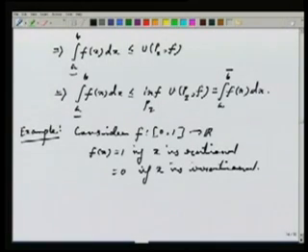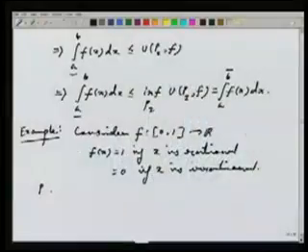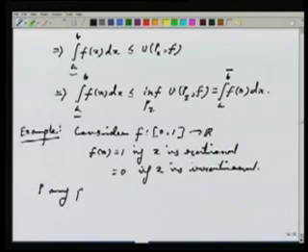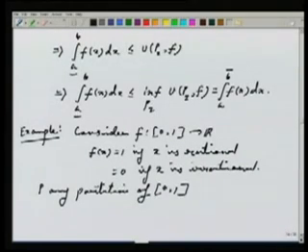It is very easy to see that this function is not Riemann integrable, simply because of the following: take any partition P of [0, 1]. Then my question is, what is U(P, f)? Well, this is the summation over i of capital Mi delta xi.